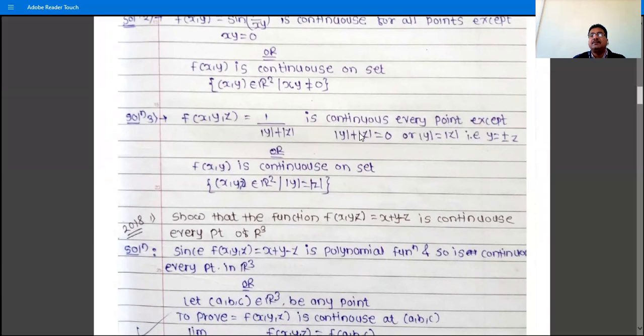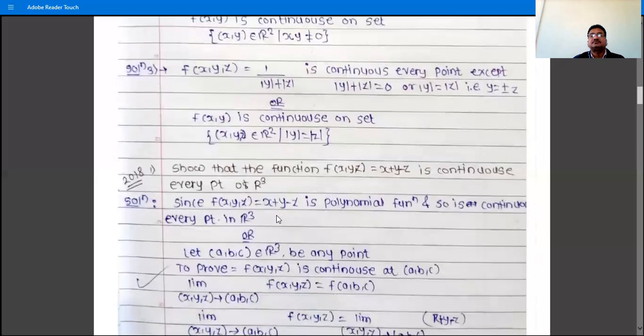Except mod y plus mod z is equal to 0, which means mod y is equal to minus mod z, and that is y is plus or minus z, because mod y is plus or minus y. So the function is continuous except on the set where mod y is equal to minus mod z, that is, mod y plus mod z is equal to 0.